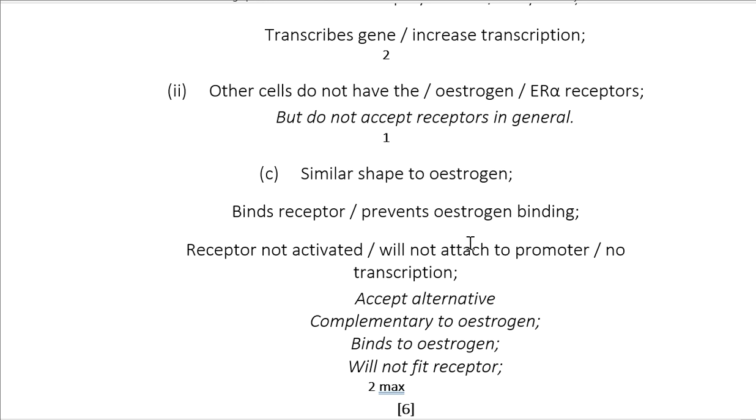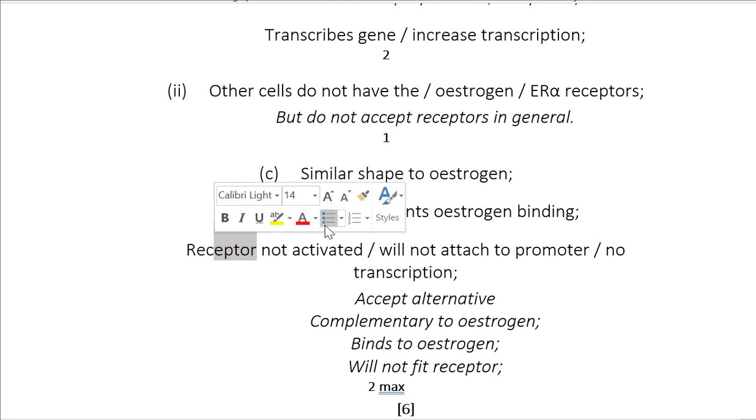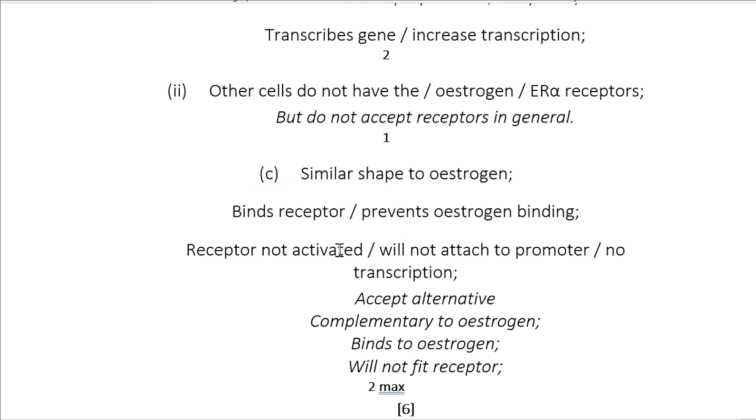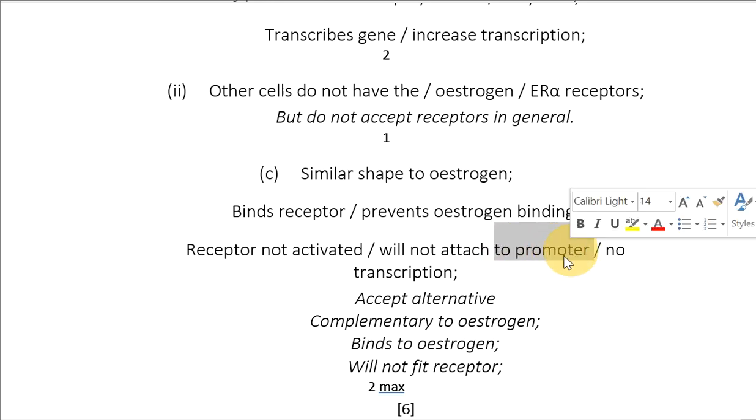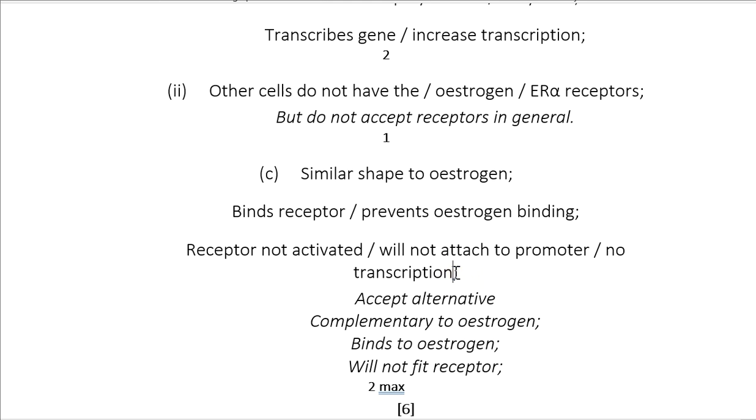It prevents the estrogen hormone from binding to it. So the transcription factor is not activated. Therefore, if it's not activated, it will not go into the nucleus and attach to the promoter region. If it does not attach to the promoter region, it will not activate or increase DNA transcription.